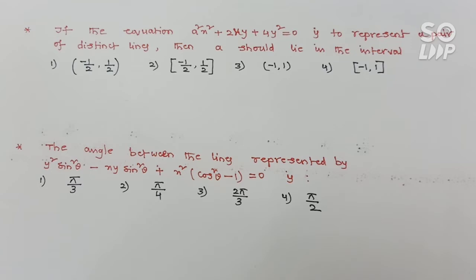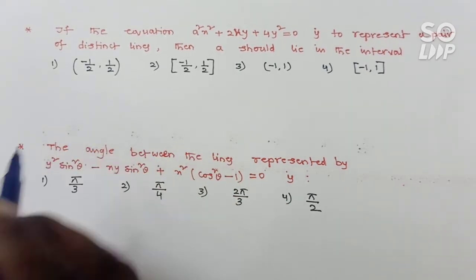H square minus ab greater than 0: the lines are real and different. H square minus ab equal to 0: the lines are parallel or coincident. H square minus ab less than 0: the lines are imaginary.